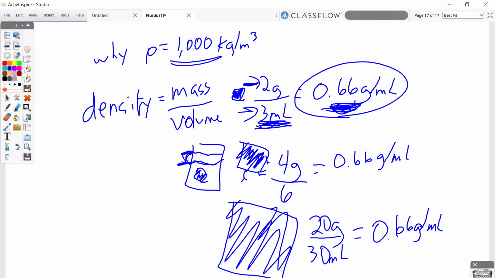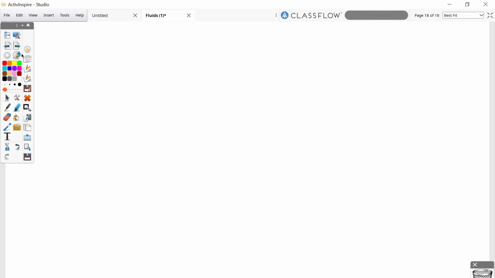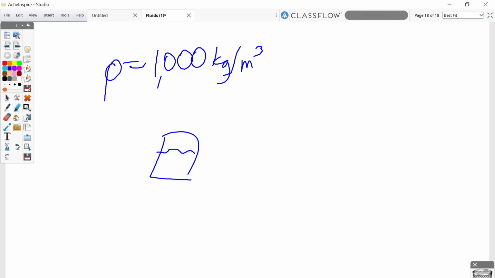So then where do they get this number from? 1,000 kilogram meter cubed. Well, the density of water, let's change the slide. It's too busy. 1,000. This is the density of water, okay? So if you have 50 mLs of water and you put it on a scale to weigh it, it's going to weigh 50 grams.